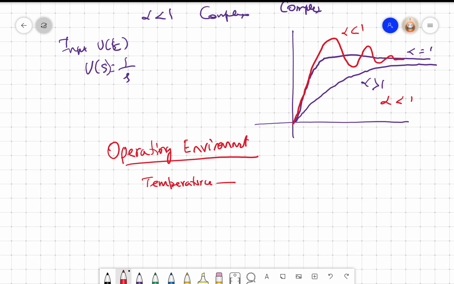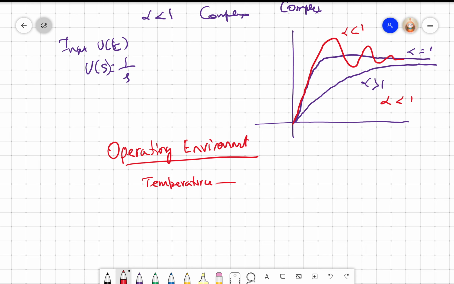Thus the temperature of the environment in which the transducer works becomes an important parameter. So you should carefully look before using a transducer whether it will operate at the particular temperature you want it to operate.